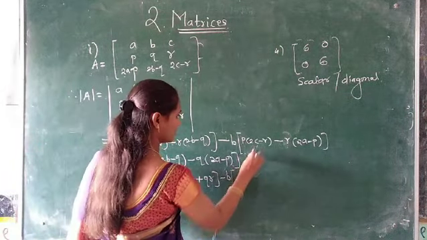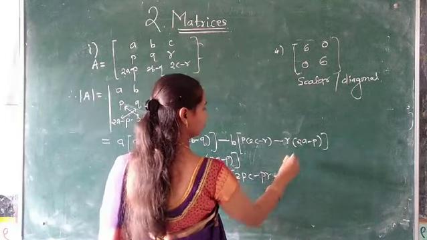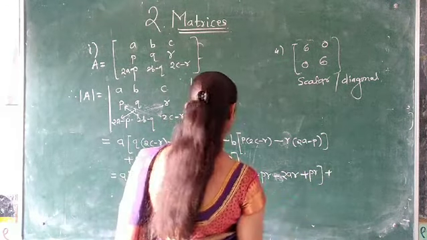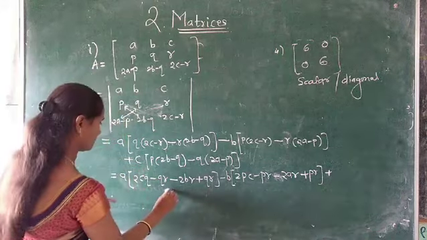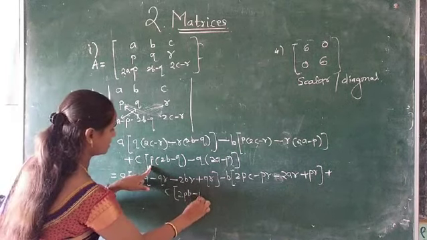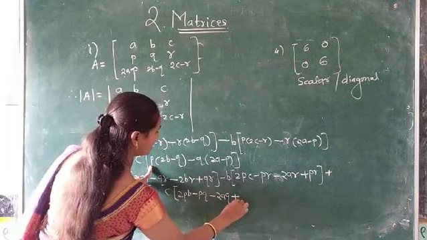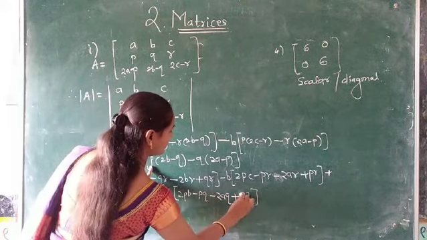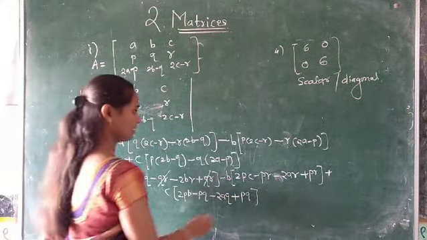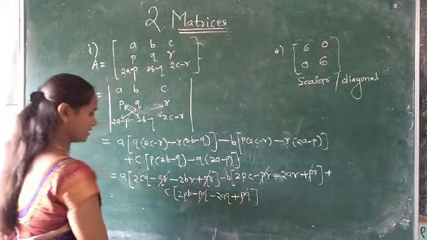Next 2PC minus PR minus 2AR minus plus PR, plus C into 2PB minus PQ minus 2AQ minus plus PQ. Now look at this. Here minus QR plus QR will cancel. Minus PR plus PR. Minus PQ and plus PQ.